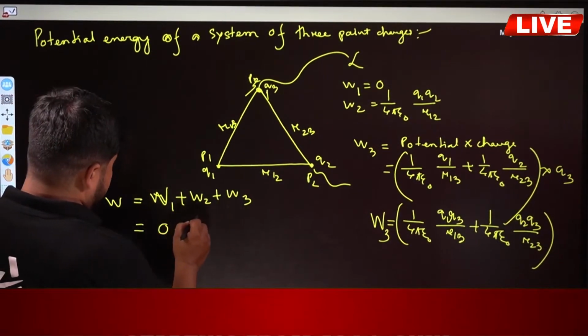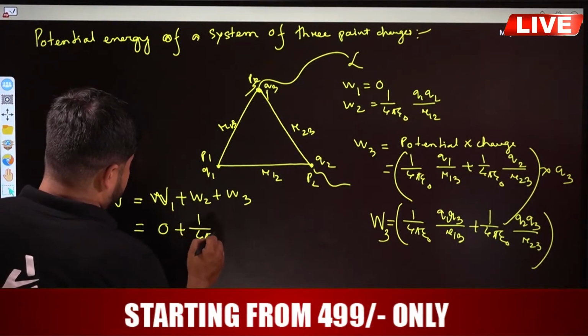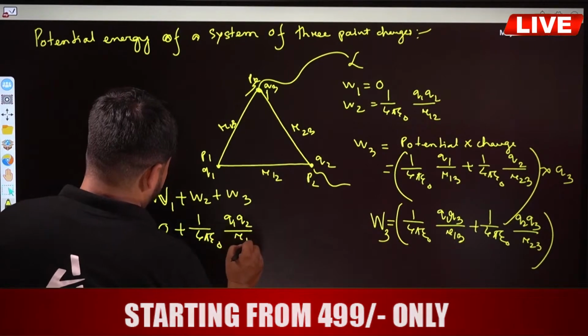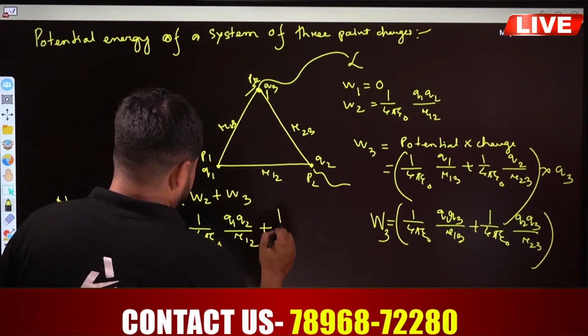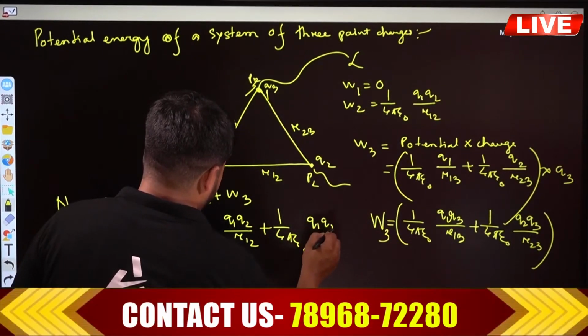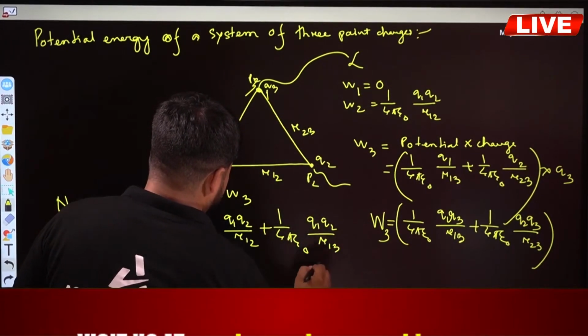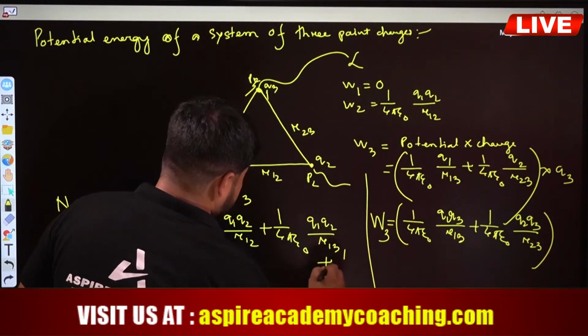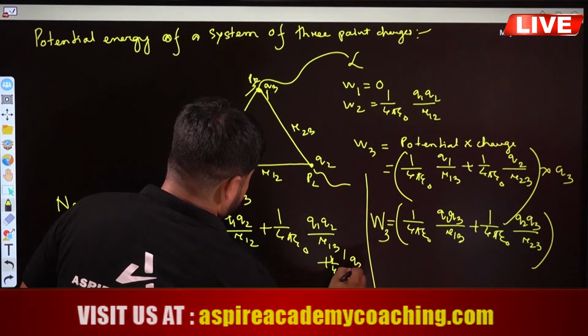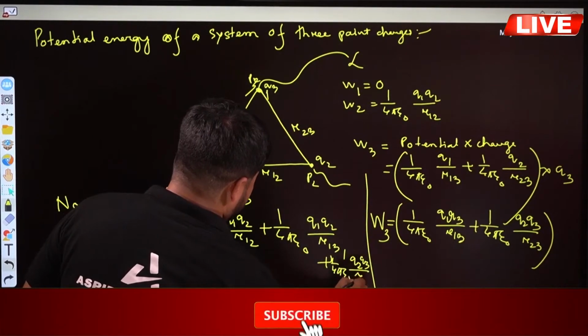W1 will be 0. W2 will be 1 by 4 pi epsilon naught Q1 Q2 by R12, and W3 is equal to 1 by 4 pi epsilon naught Q1 Q3 by R13 plus 1 by 4 pi epsilon naught Q2 Q3 by R23.